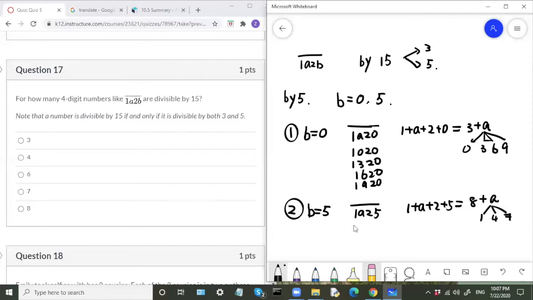So the numbers 1125, 1425, 1725 are divisible by 3 and also 5, so divisible by 15. Total: 4 here, 3 here, so 7. The answer is D.